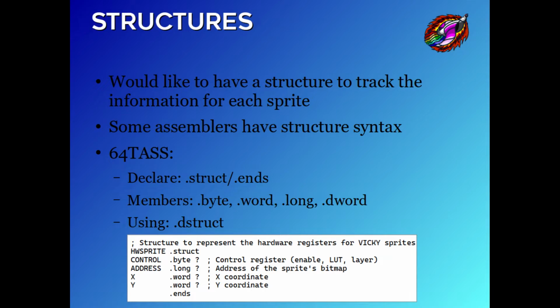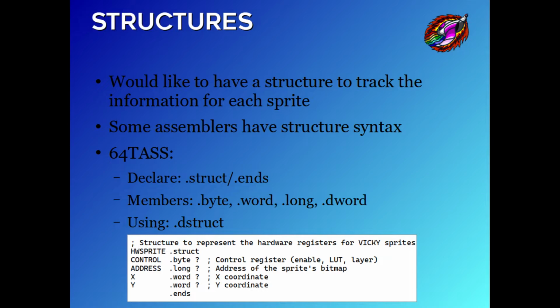And you would put the members or the instance variables listed inside them, and the way that you would do that is you provide a label for each member and then use an assembler directive to indicate how big that member is. There are several different things here, but the main things that we're going to be looking at are .byte, .word, .long, and .dword, which are 1 byte, 2 bytes, 3 bytes, and 4 bytes in 64tass. And then to actually instantiate a structure, you would use .dstruct.